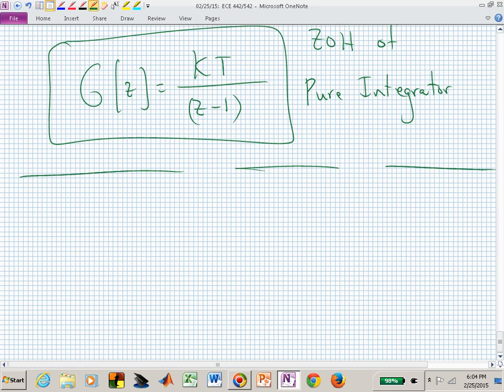Let's see what we can do with that if we take it into the time domain. Suppose we now start with g of z. Let's say k is equal to 1, the gain on that integrator. And we know that g of z is now this ratio of the output's z transform to the input's z transform.